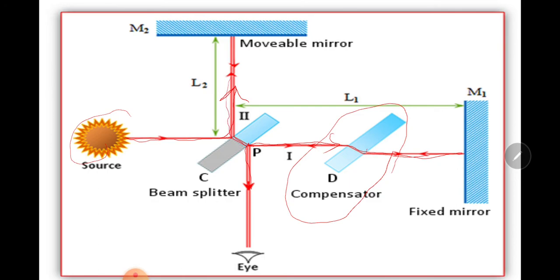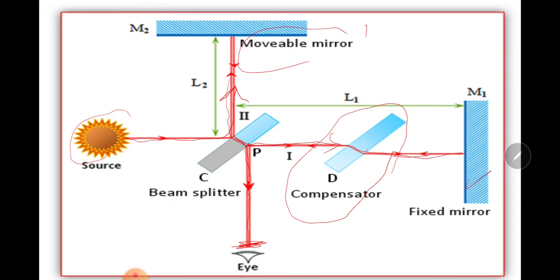In that duration of time, this light ray reaches the same point, and here the interference pattern will be produced. This is the fixed mirror. This is the movable mirror. With the help of the path compensator, you can convert constructive interference into destructive interference.